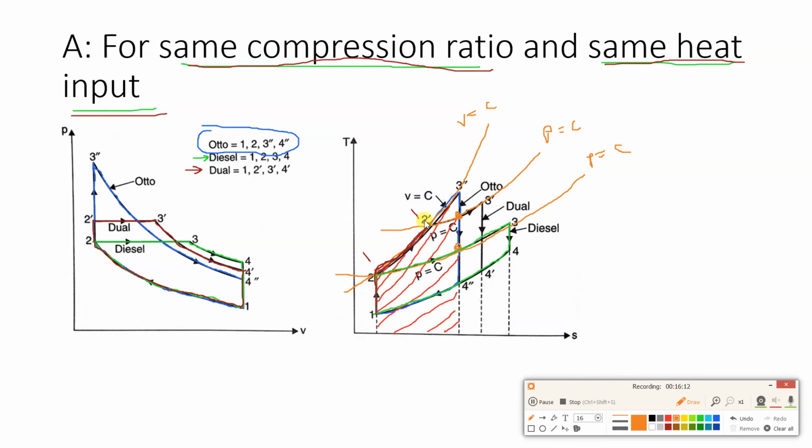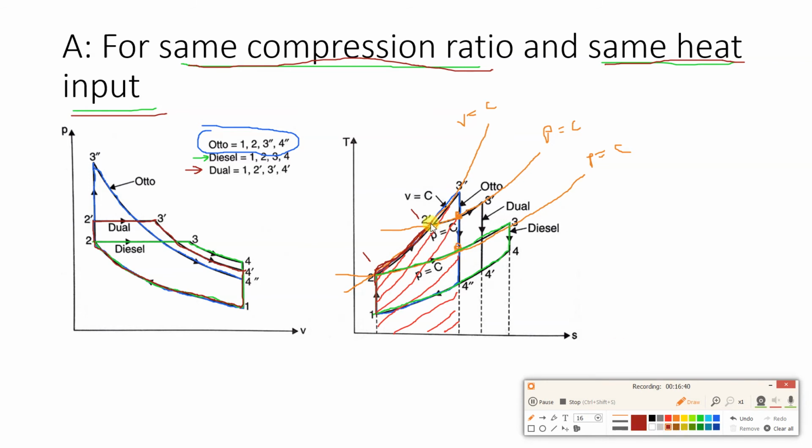Now if I add heat at constant pressure from 2 dash to this point, here you can see some part of the heat is not added. Now to compensate this, I have to go beyond this point and heat addition is done up to 3 dash. So it is beyond this vertical line 3 double dash and 4 double dash. So I'll show that process now.